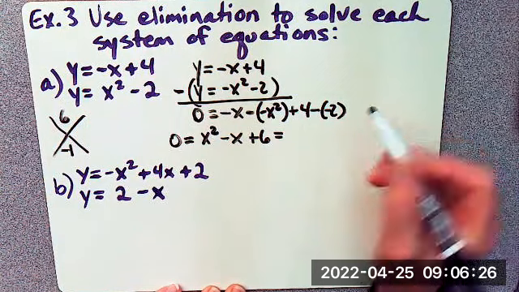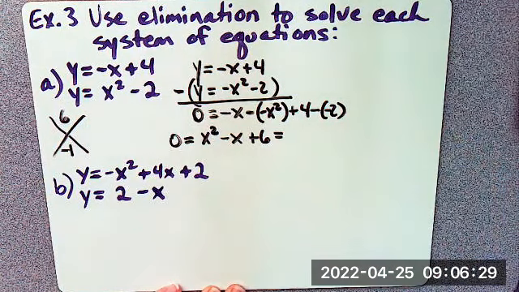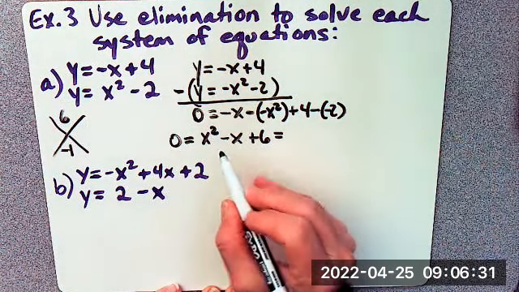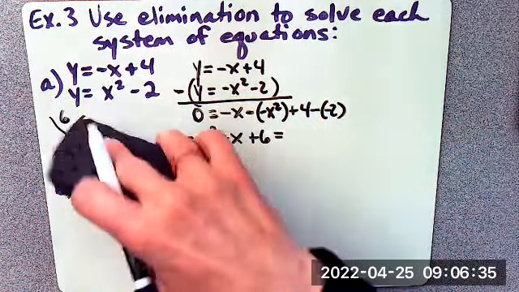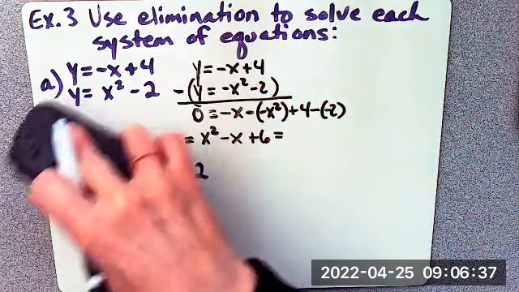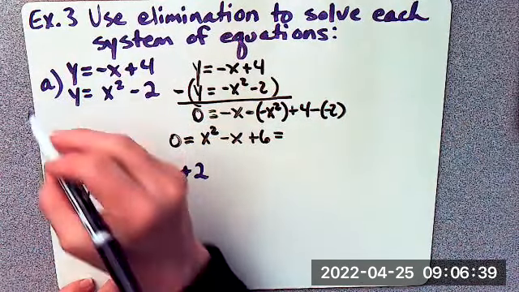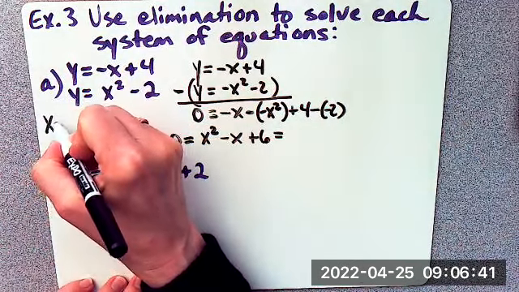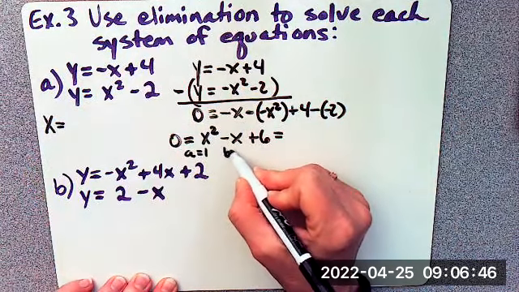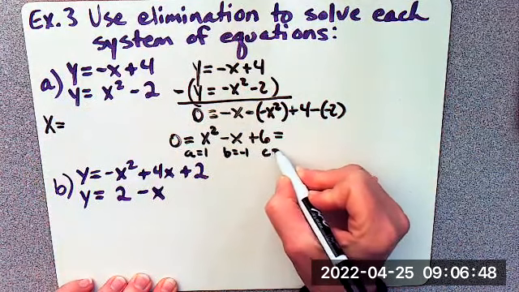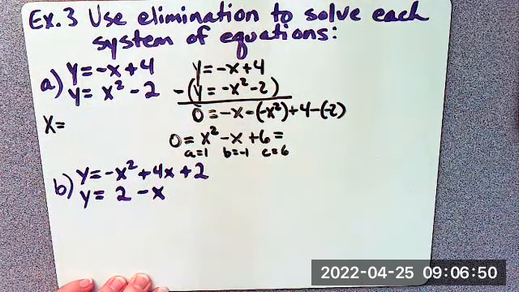No, yeah, because I have a positive here and a negative here. So we might actually have to do the quadratic formula. So let's try that because that works for everything. We have a equals 1, b equals -1, and c equals 6.